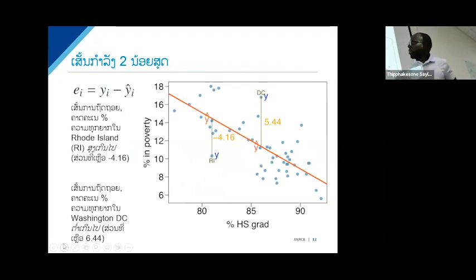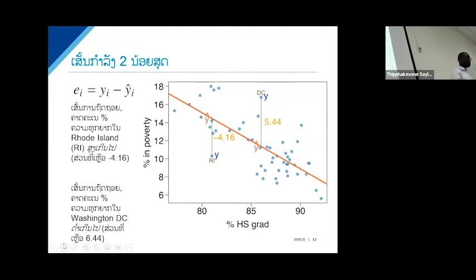And so, once identified, you can see here, for example, for this data point here, the residual is equal to 5.4. For this other one here, the residual is equal to negative 4.16. For some of them, the residual is negative, for some of them, it's positive.